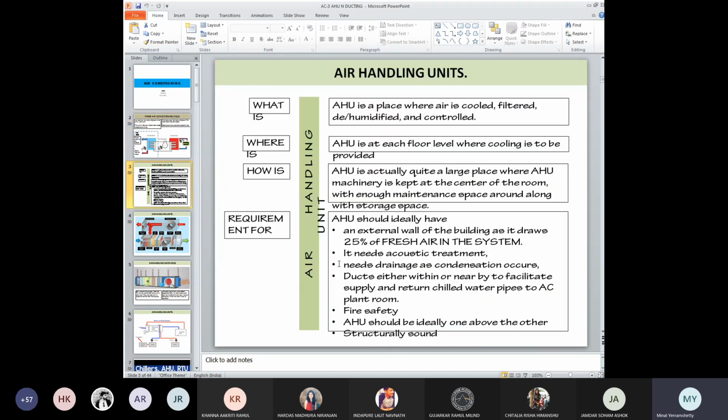And these are the different things that happen in the air handling unit. So what is an air handling unit? AHU is a place where air is cooled, filtered, dehumidified and controlled. Where is this air handling unit? It is at each floor, which I showed you in that diagram, where cooling is to be provided.